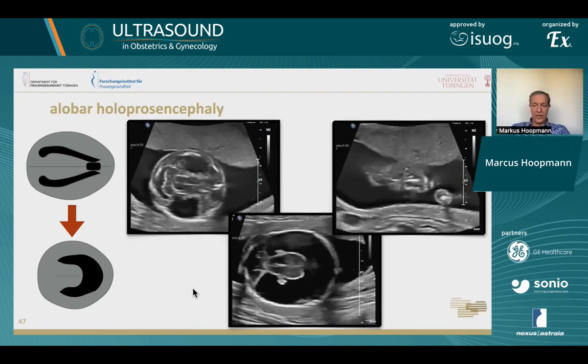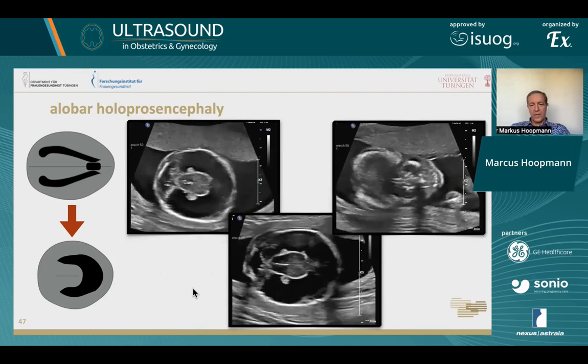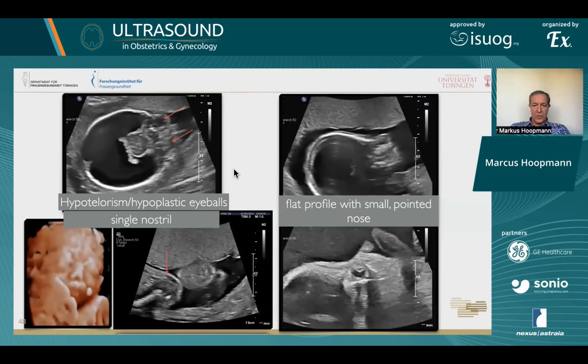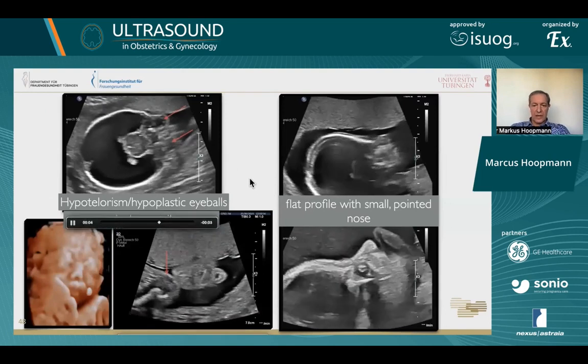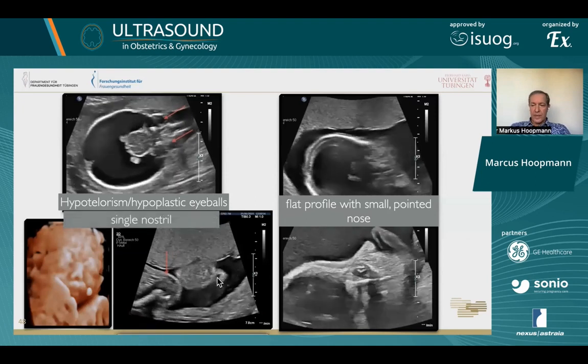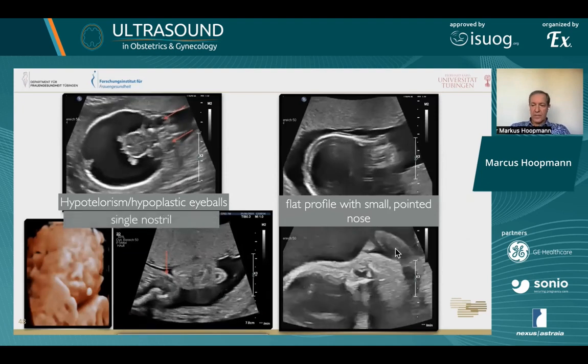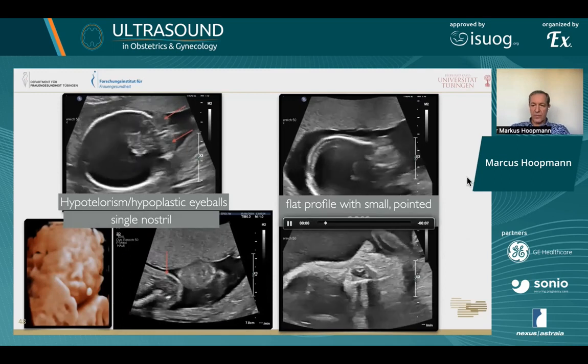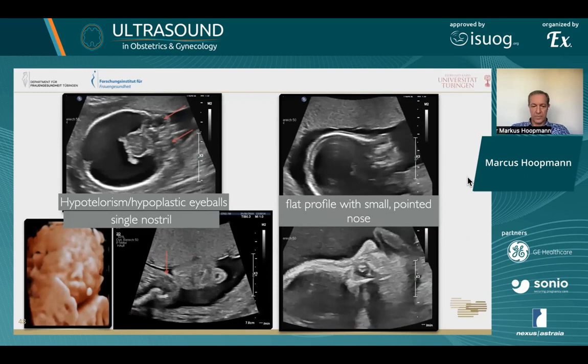And if you find this, you have to expect to find also facial malformations, and you see them. We have these narrow eyes, these hypoplastic eyeballs. We have only one nostril, and you see this atypical profile, which is really flat with a small pointed nose.